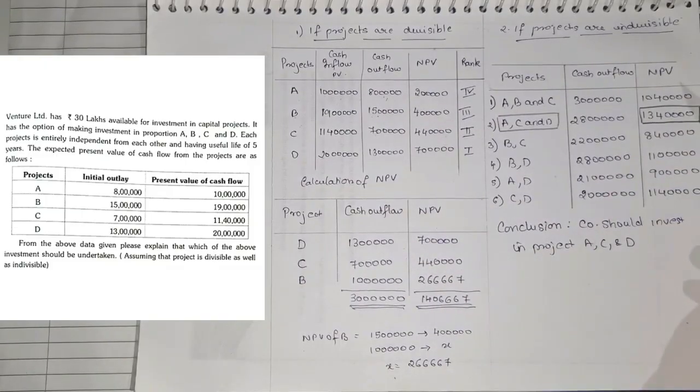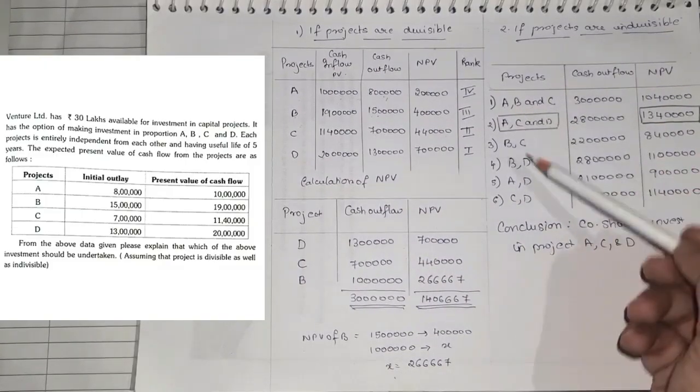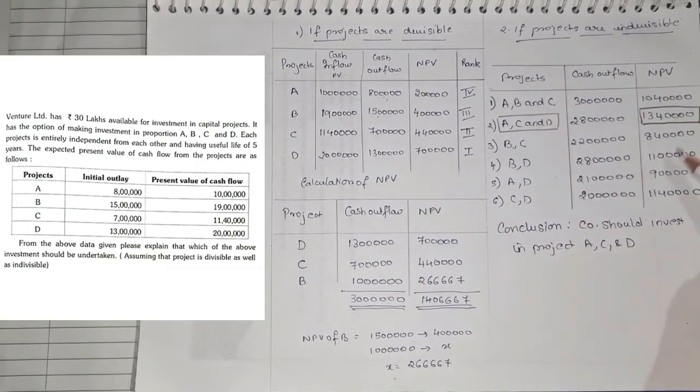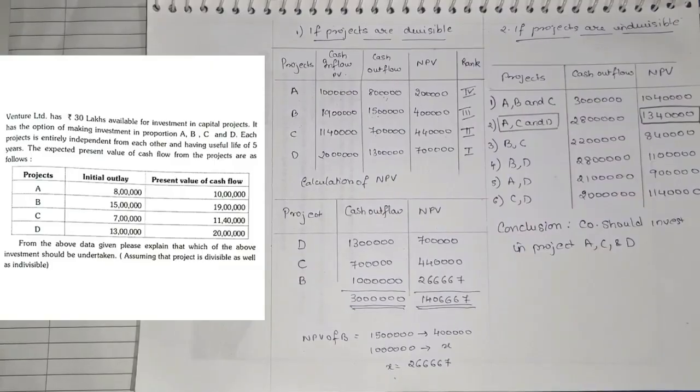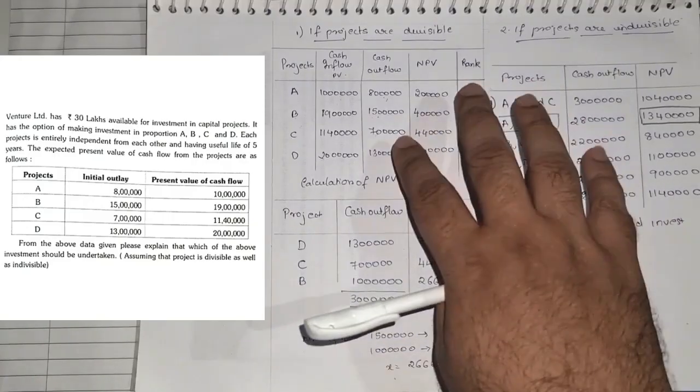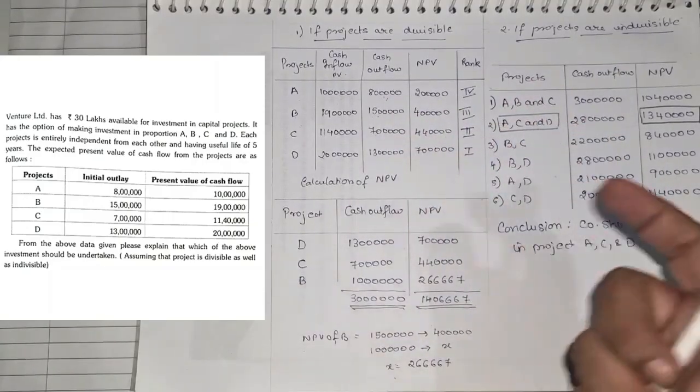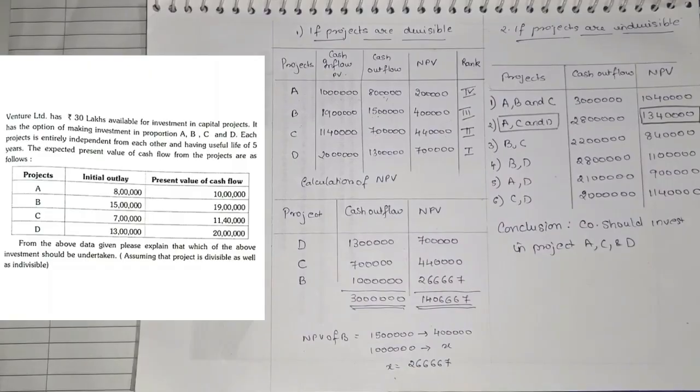Similarly, in the second case, in indivisibility, we have to take various alternatives and check the outflow with the NPV. The best NPV will be the selected investment strategy. Okay, so with that, this particular sum comes to an end. Now we will jump to the second type where instead of outflow, they are giving you some other thing. Let us see how to solve that part.